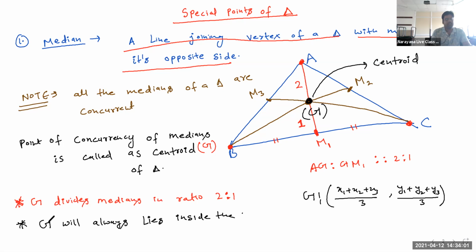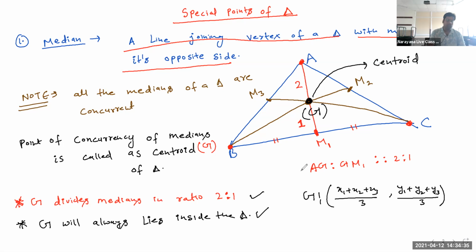No matter which kind of triangle it is, it may be a right angle triangle, an acute angle triangle, or an obtuse angle triangle, in all the cases the centroid will always lie inside the triangle. So this is also an important point to know.